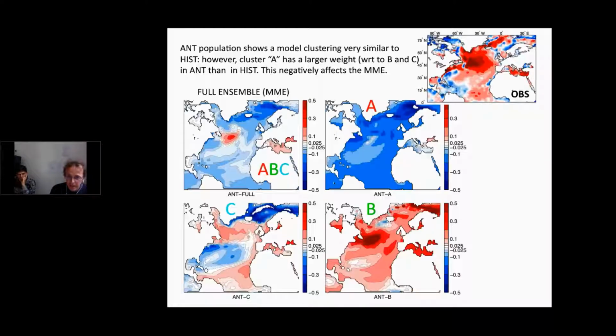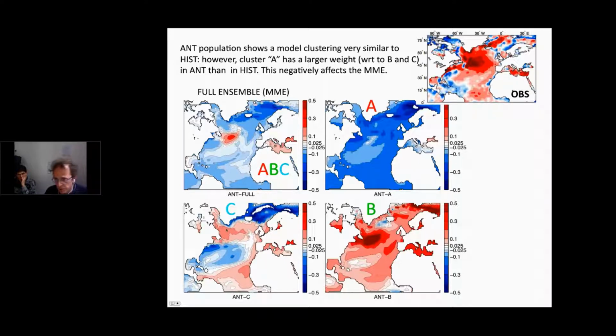And again, we re-stratify the models based on this information in clusters A, B, and C. If you look at cluster B, for example, the models that capture correctly the decline in sea surface temperature, you see that cluster B has an outstanding similarity with the observations.